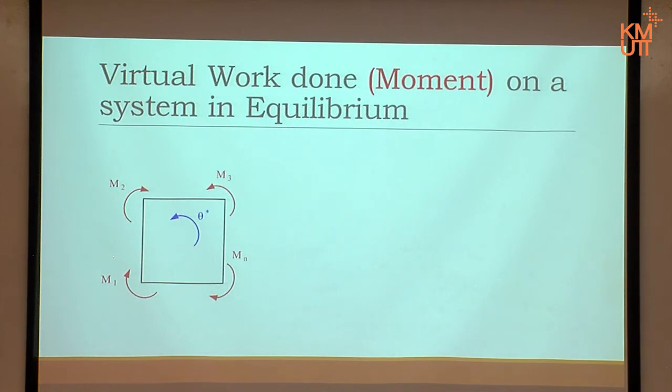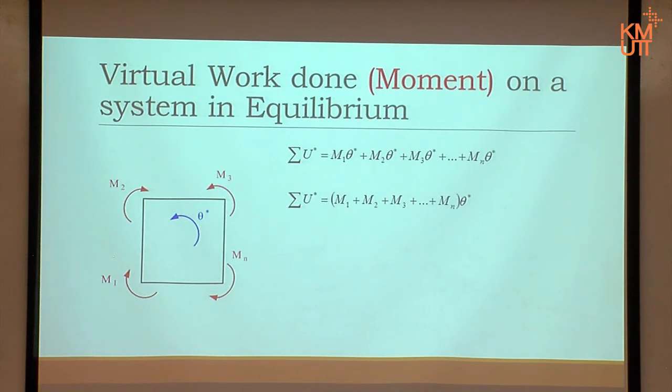Then, again, the same summation, the total work done inside the system: M1 times theta, okay? Negative, when you really calculate and put in numbers, then it should be negative. This one is just symbolic. Then everything times theta, and combine all of them in terms of work. Again, because theta star, although small and imaginary, is not zero, we can take it out as a factor. And there we are.